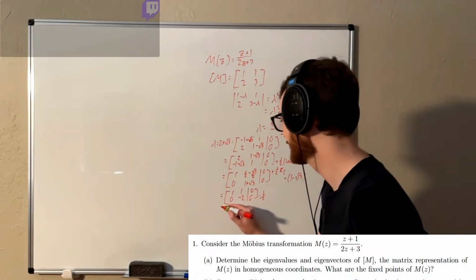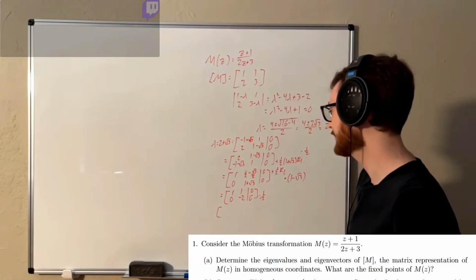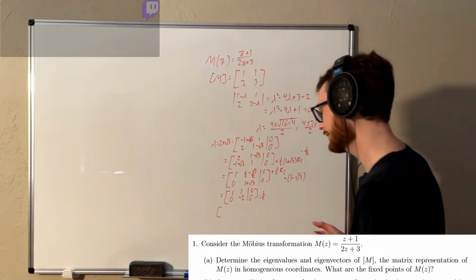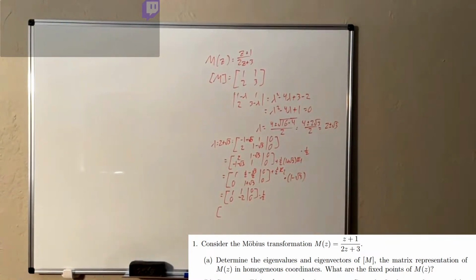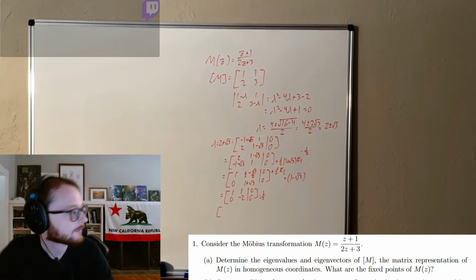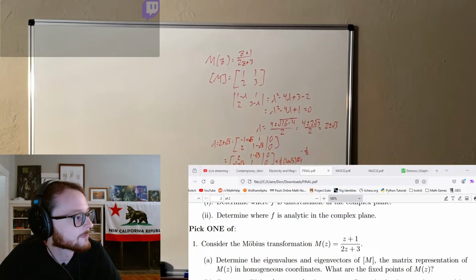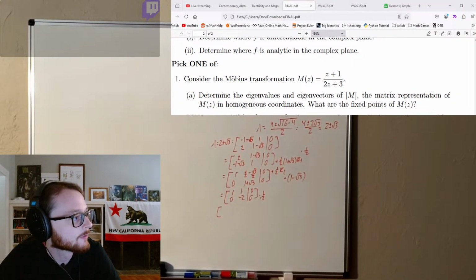Wait, don't I want that to be a 0? Am I just getting the identity? This feels weird. I feel like I'm doing something wrong. These numbers just feel weird.